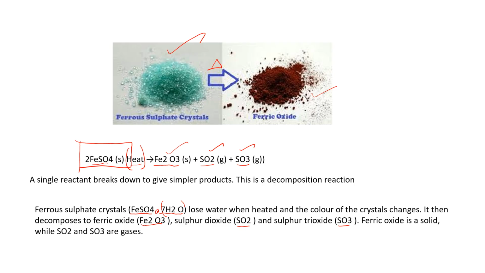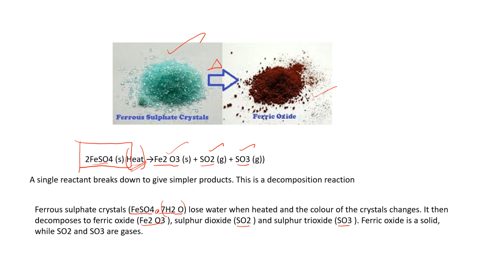Okay, so for ferrous sulfate, you need to know the color of the salt. Ferrous sulfate is a green color salt, and ferric oxide is reddish brown. So this decomposition reaction happens when you're heating it. So this comes under the category thermal decomposition.